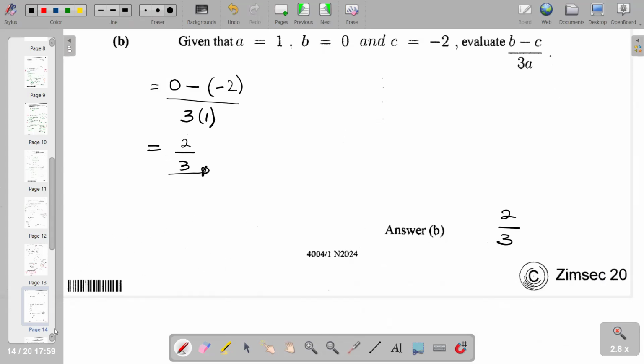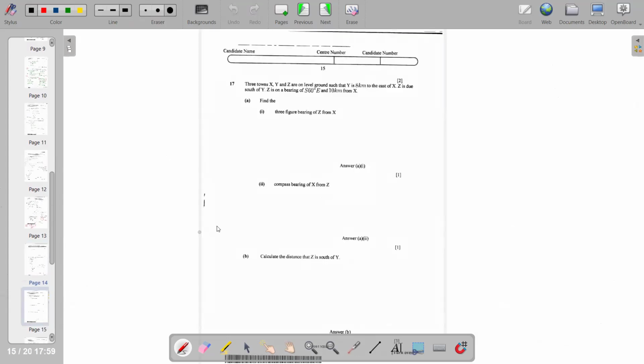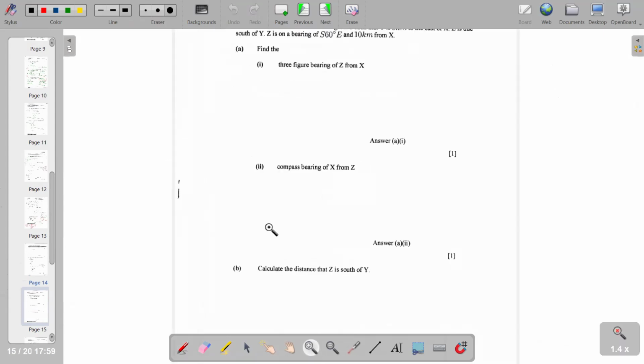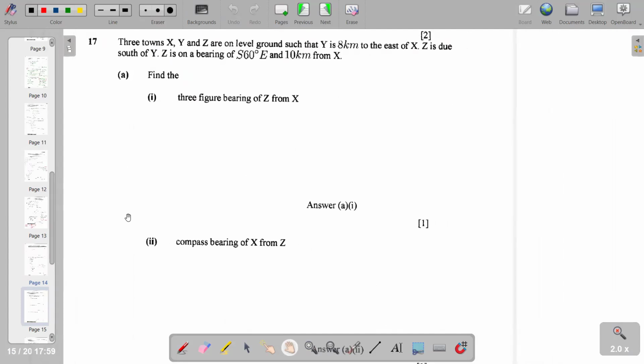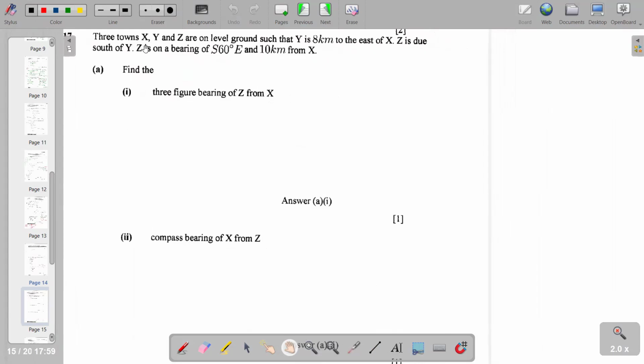Then we go to the next question. We are on question 17. Here you are given that 3 towns X, Y, Z are on level ground such that Y is 8 kilometers to the east of X. In other words, you are supposed to know your compass.